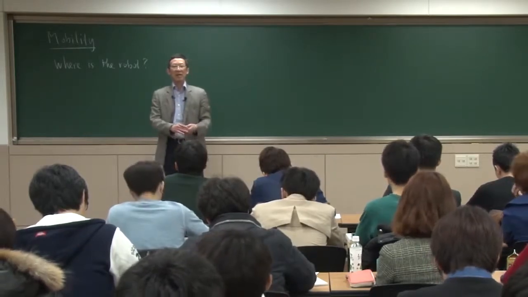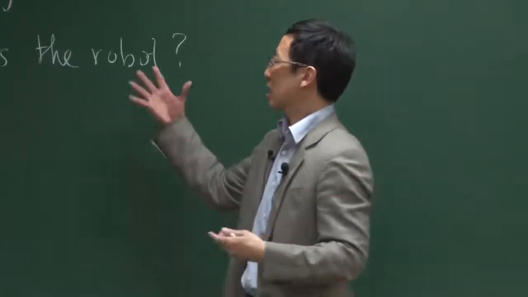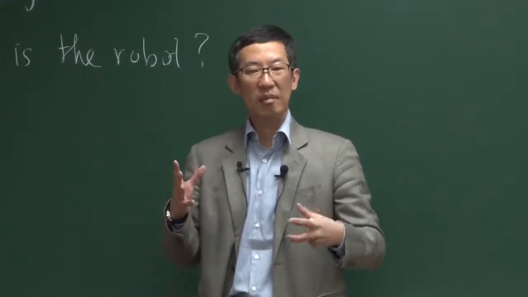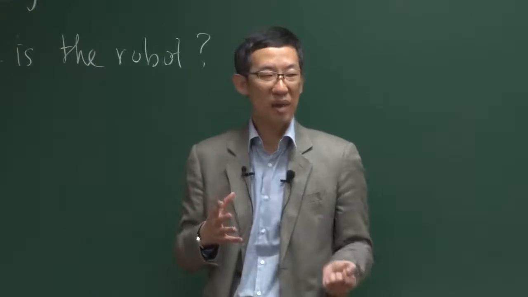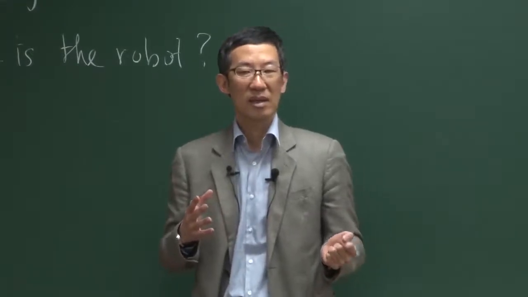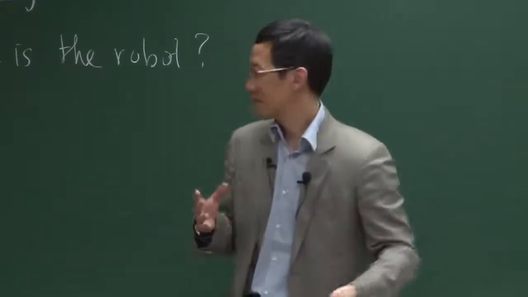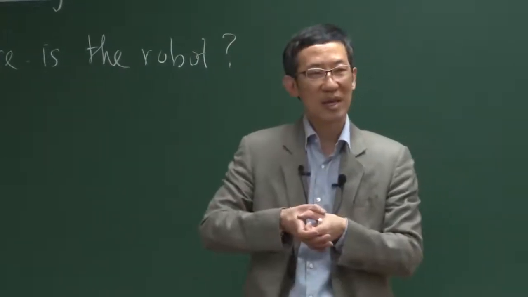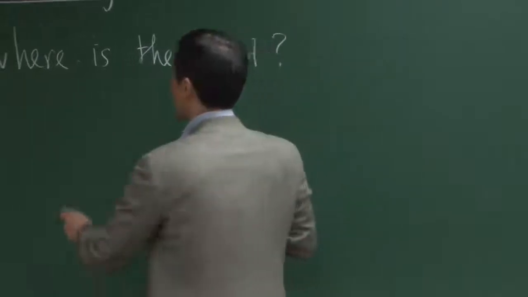So here we're asking, can we describe the location of a robot in a precise, quantitative way? So let's ask a slightly simpler question. Let's pretend that the robot is now just a single rigid body.